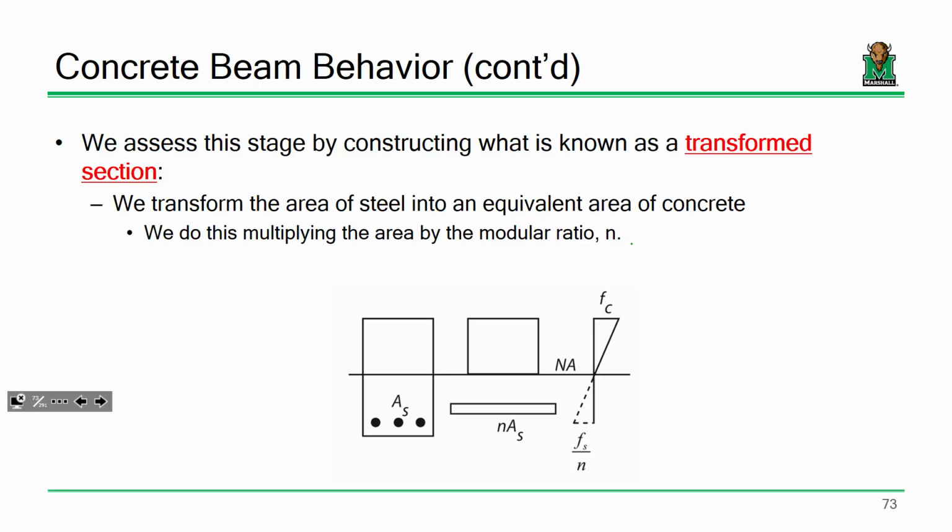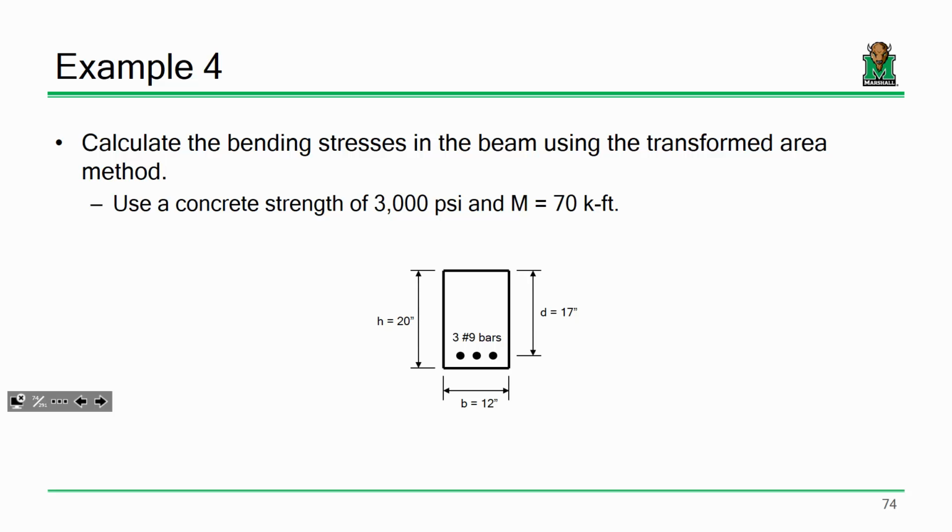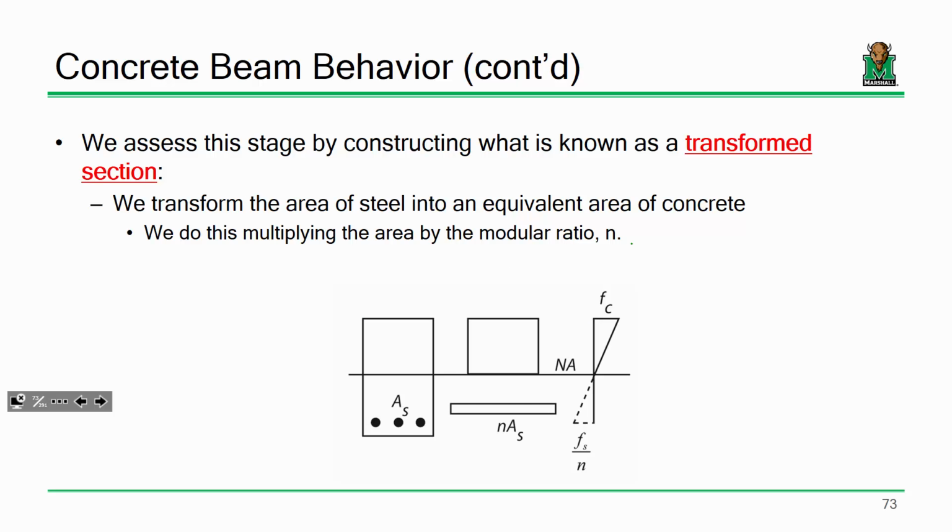Now, the way that you do that is this. For what we're going to do, we're going to transform our steel into what I'll call an effective lump of concrete. And the way that we do that is we multiply by what's called the modular ratio. To compute the modular ratio, all we do is this. We take the modulus of elasticity for the steel, I'm getting ahead of myself, for the steel, and divide it by the modulus of elasticity for the concrete.